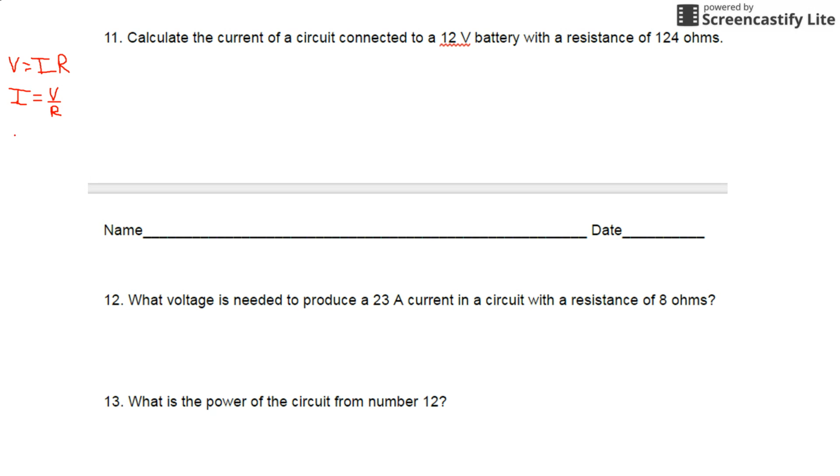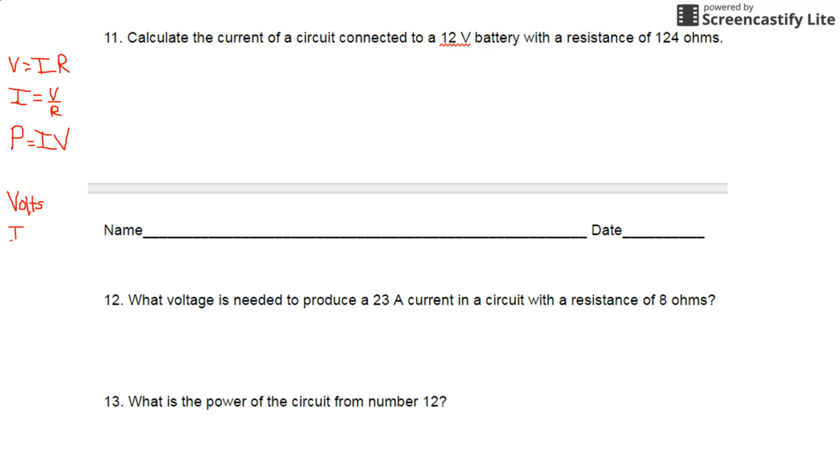And then another formula you're going to need is for power. Power is current times voltage. You might also want to add over on the side of your paper, just so you have it, that voltage is measured in volts.